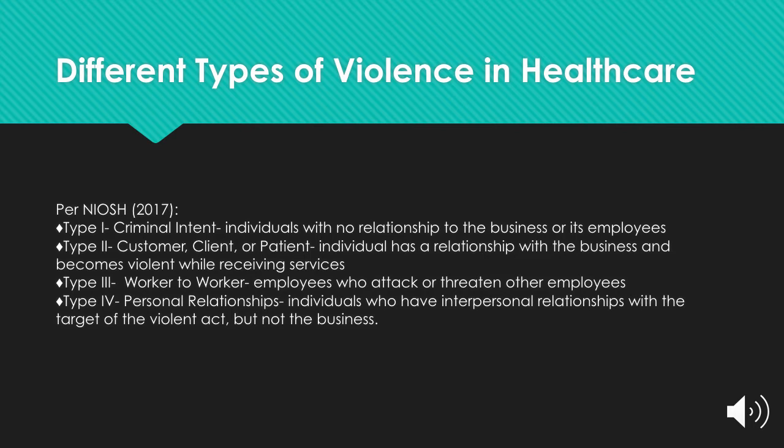Type 3 is worker to worker violence, also known as lateral violence, employees who attack or threaten other employees. And type 4 is personal relationship violence. This type of violence is individuals who have interpersonal relationships with the target of the violent act, but they have no relationship with the business.